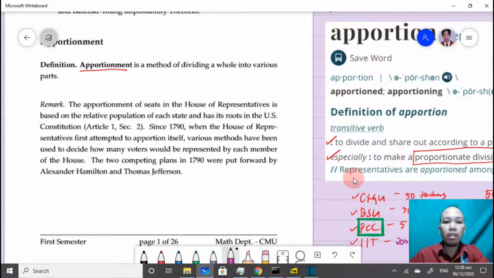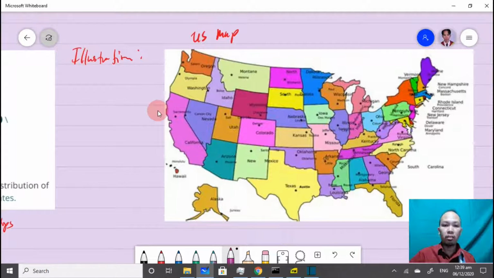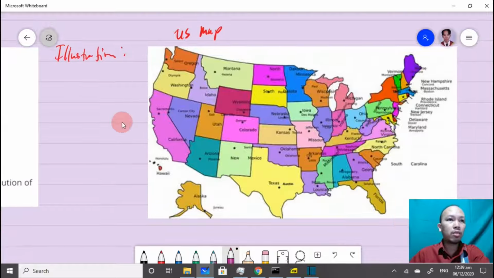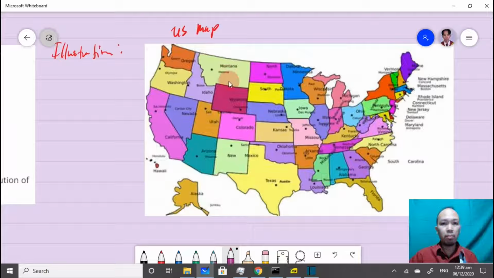Recently we witnessed the election of the United States, last November 2020. As you can see on the screen, this is the US map. Ask yourself, how many states are there in the US map?